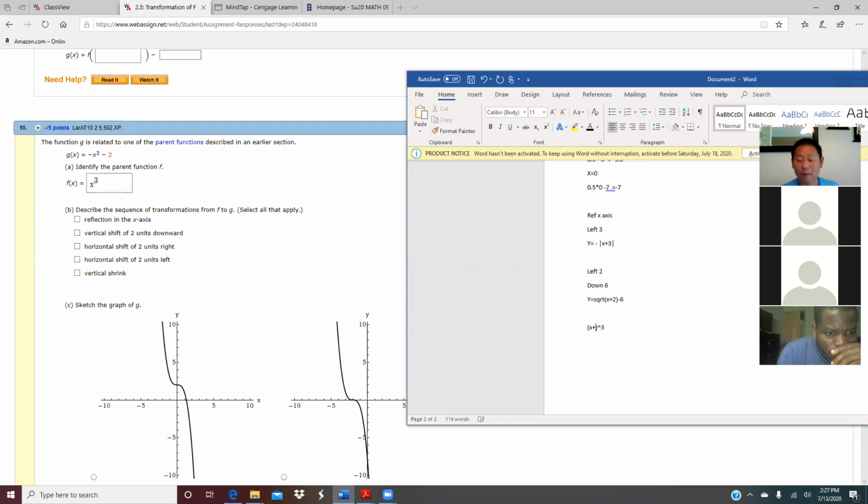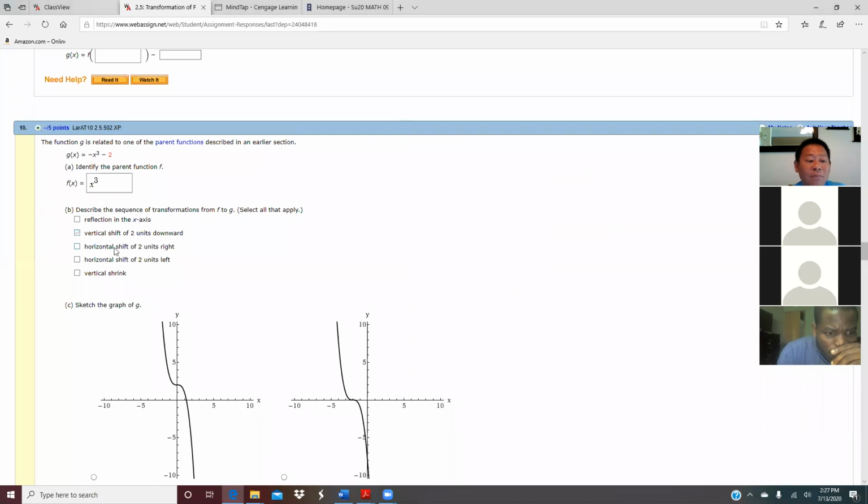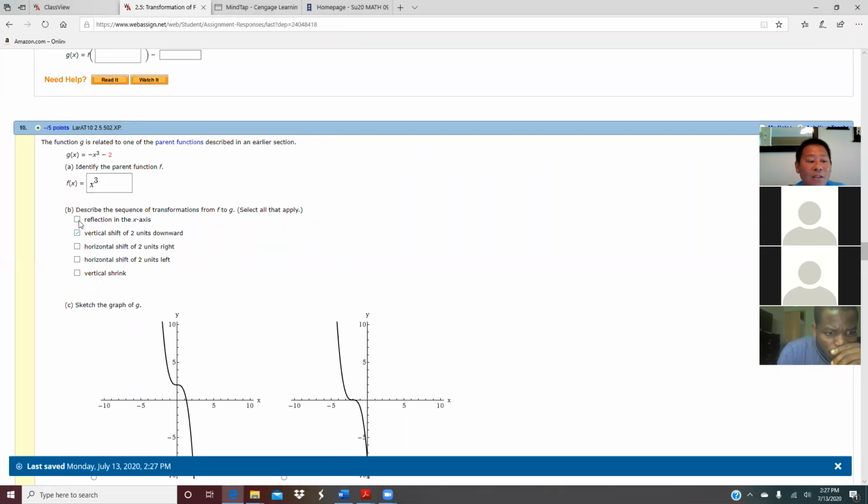This 1 is where you move to the left 1. And this is where you move to the right 1. So you guys need to watch the numbers carefully. Since the number here is outside, not inside the cube, this is actually you move down. Vertical shift down 2. And the negative means you have to reflect it on the x-axis.